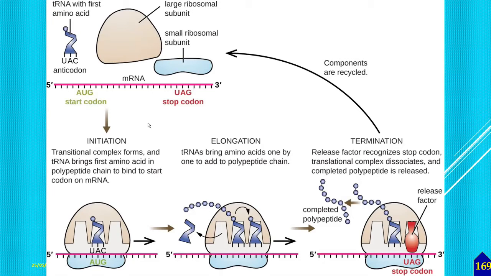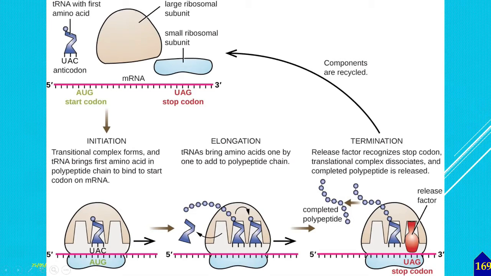Here you can see the translational complex forms, and tRNA brings the first amino acid in the polypeptide chain to bind to the start codon of the mRNA. So mRNA will be there, and the AUG and UAC. UAG is the stop codon, and this is converted to another amino acid. That's called the elongation.